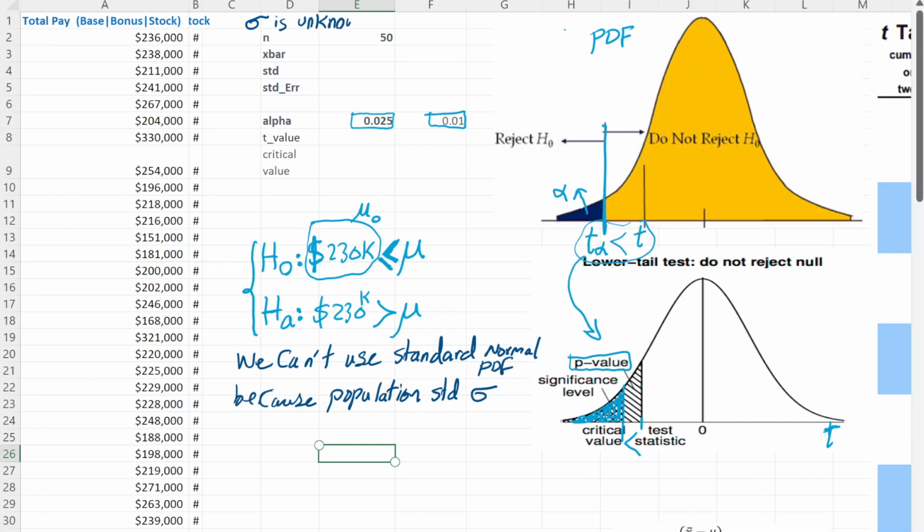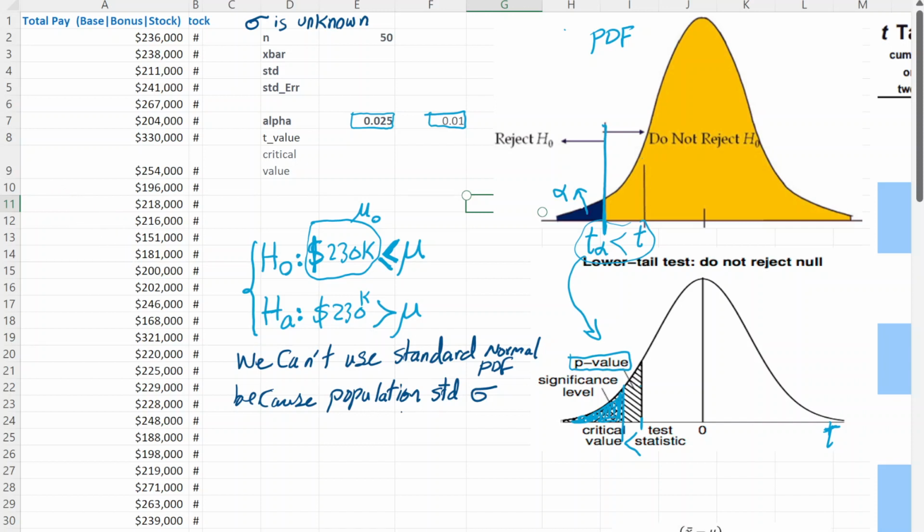It's not provided what the standard deviation of total pay for all software engineers working at Google is. We don't know that. All we know is the standard deviation of just the 50 software engineers in the data set that we have.